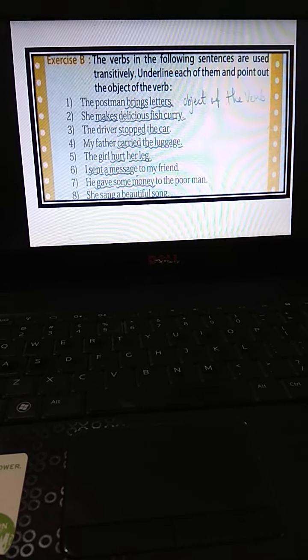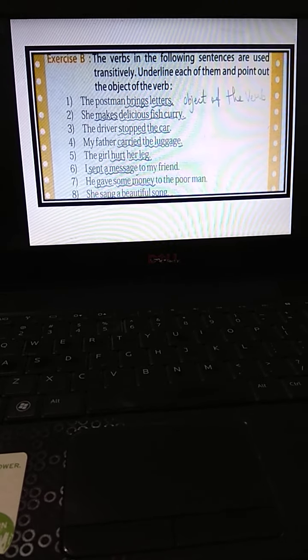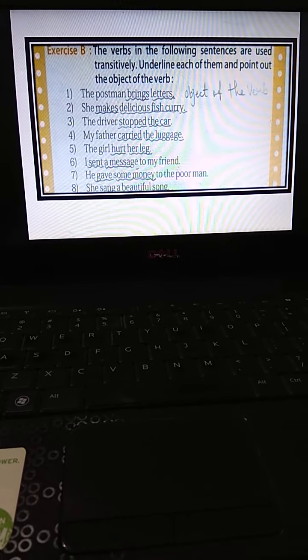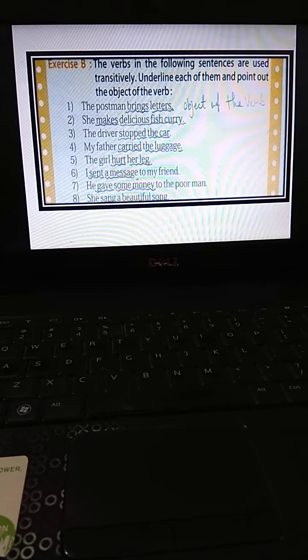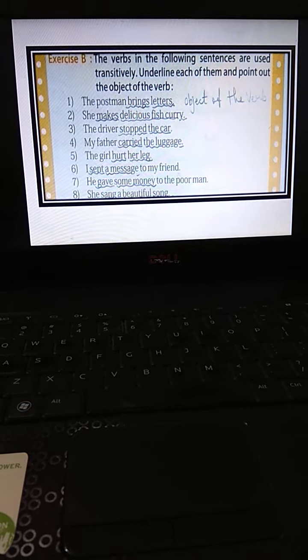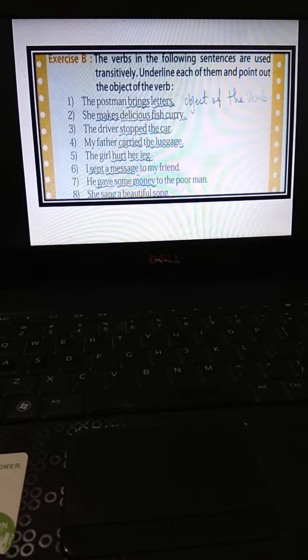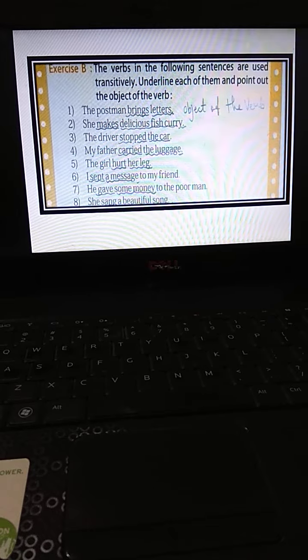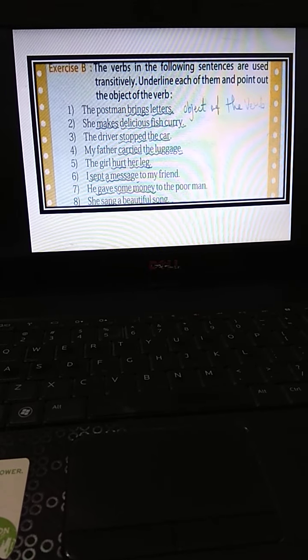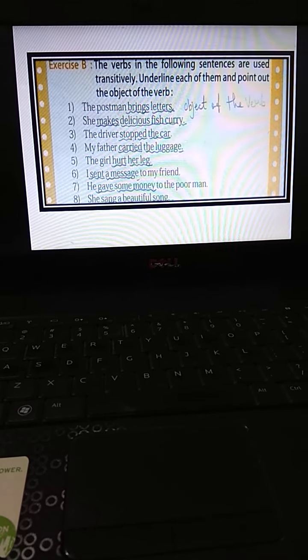Stopped, and the car, object of the verb. 4. My father carried the luggage. Carried, the luggage, object of the verb. 5. The girl hurt her leg. Hurt, and her leg, object of the verb.